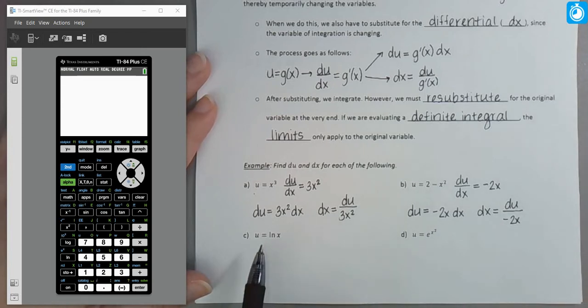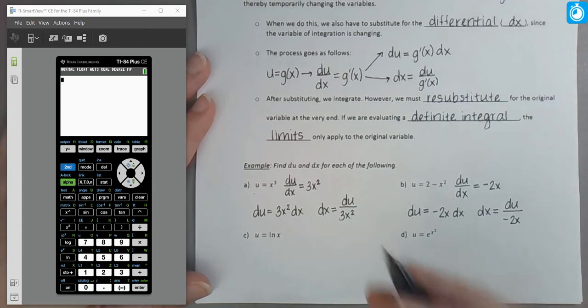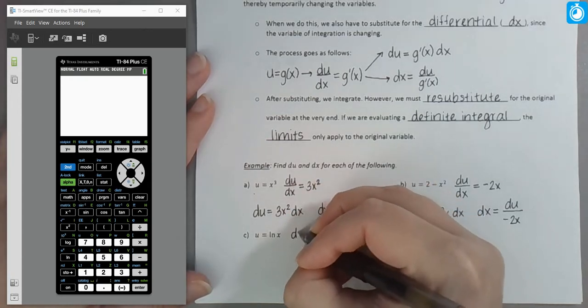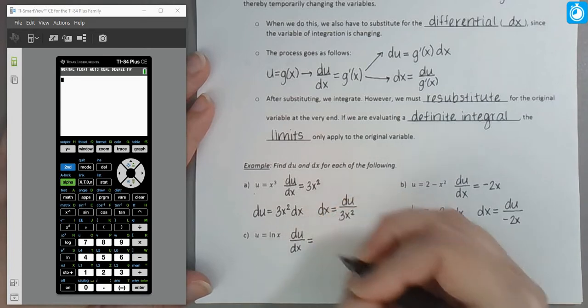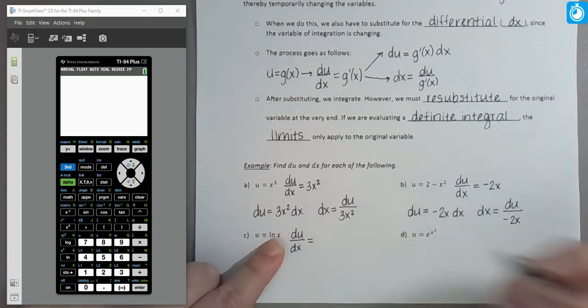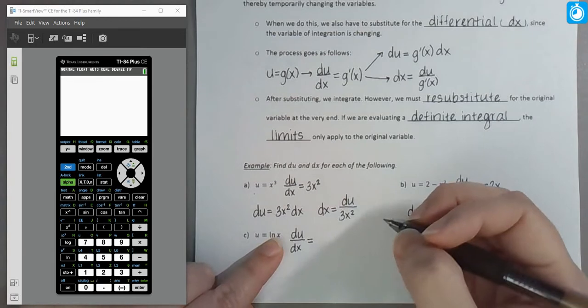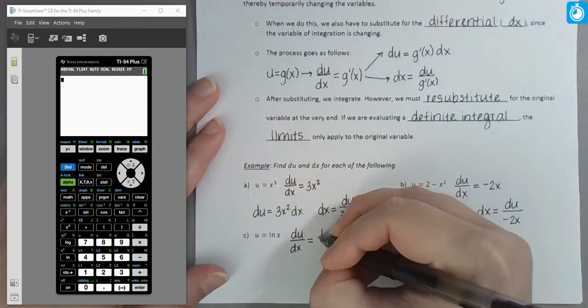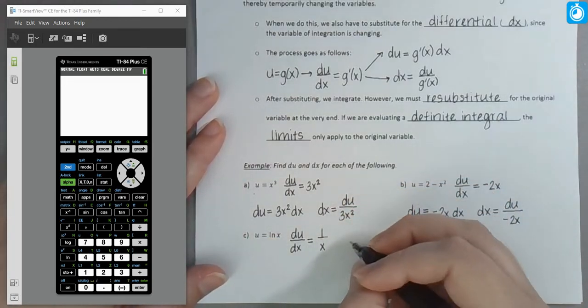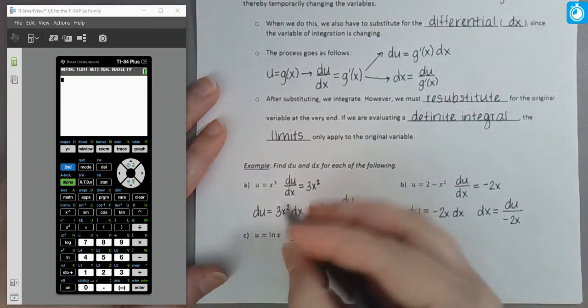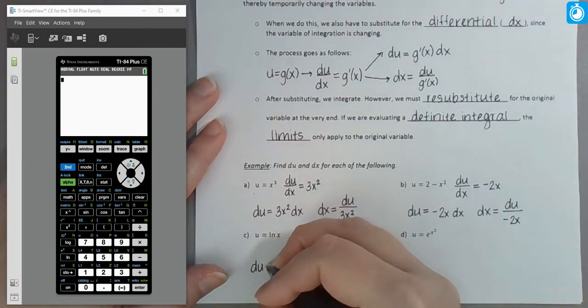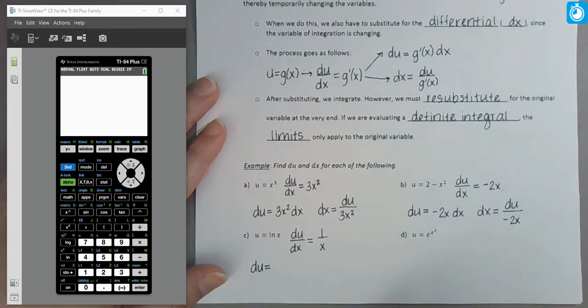Okay, now what about some more exotic functions? We talked about natural log, we've talked about e. What happens if we want du and dx in this case? Well, same approach. So take the derivative with respect to x. The derivative of the natural log function is going to be 1 over x, so slightly different. Okay, so what if we want du? Same approach, move dx over, multiply both sides.